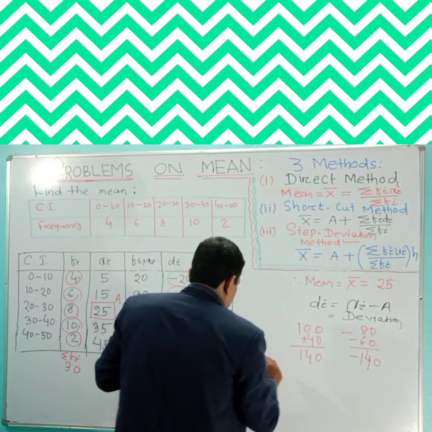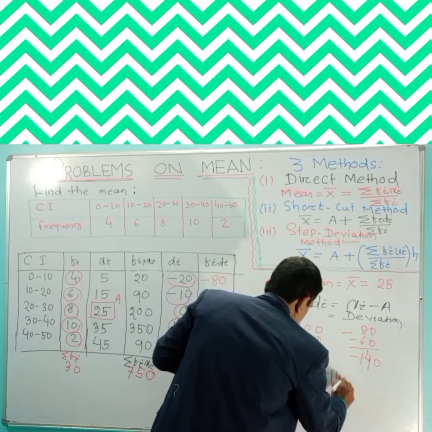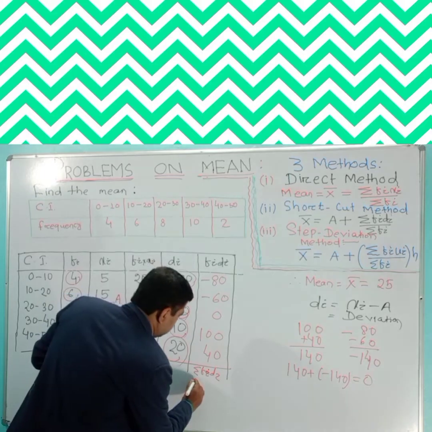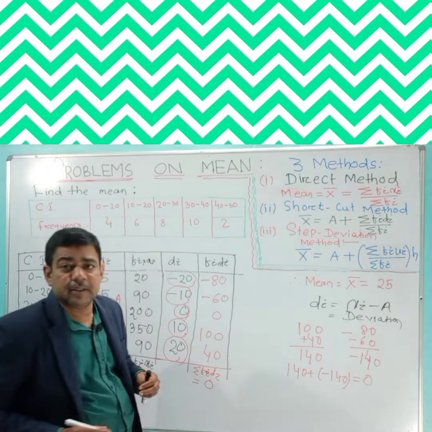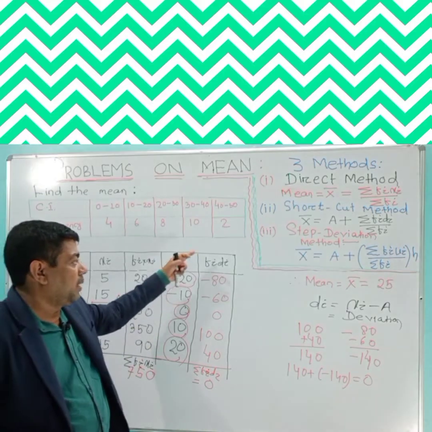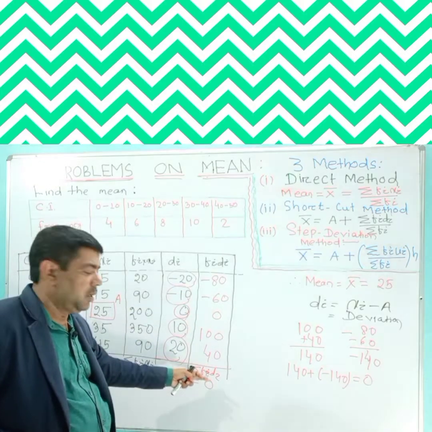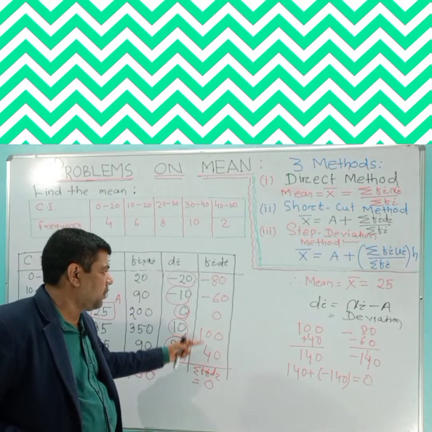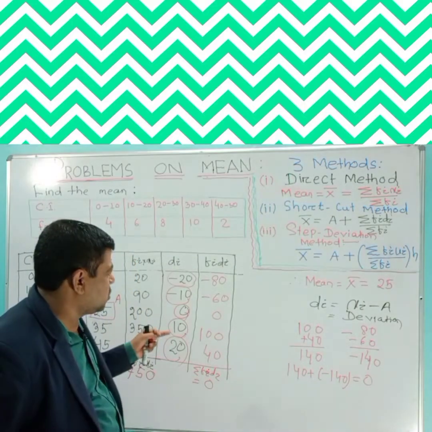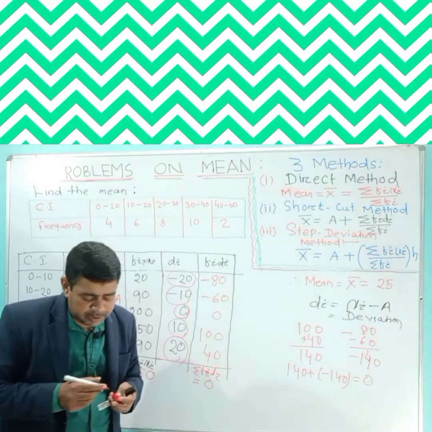Then 140 plus minus 140 is 0. So summation of fi di is 0. Interesting number is coming. Is it clear? After finding fi di, you add all the numbers in this column.